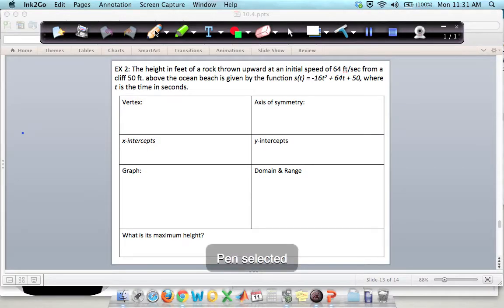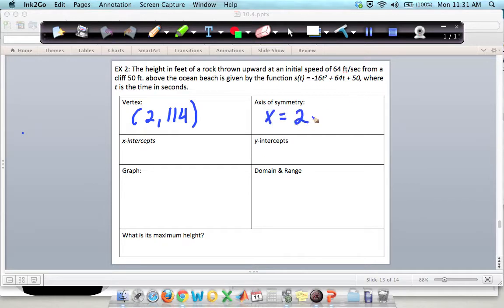Okay, so our vertex is (2, 114). Our axis of symmetry is always x equals the x value of our vertex, so x equals 2. For the x-intercepts, I'm going to plug in 0 for y and use the quadratic formula.